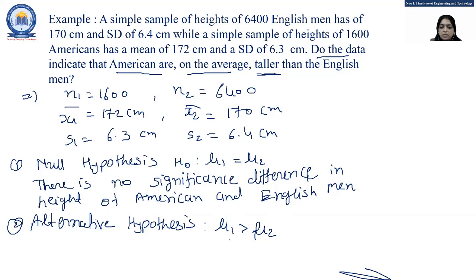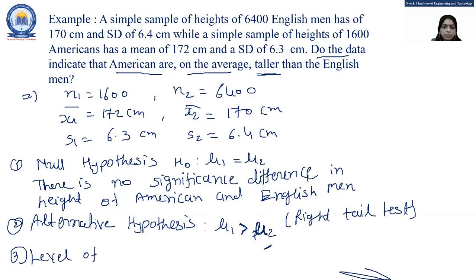So our alternative is, on an average, Americans' height is taller, meaning greater than the Englishmen. So this is a right tail test. Third one, level of significance. Again, it is not given, so we'll take alpha equal to 0.05.